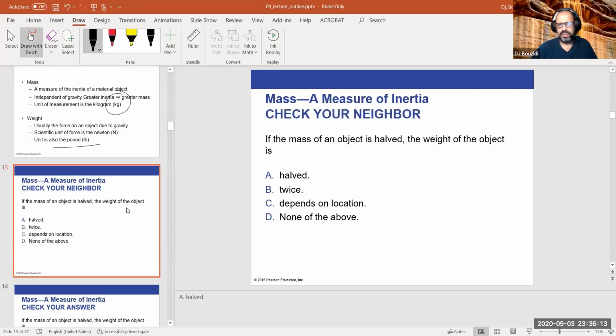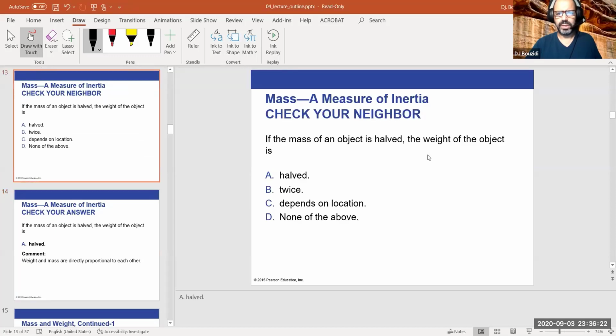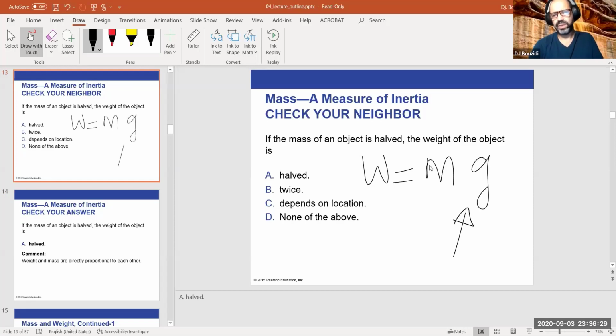So if the mass of an object is halved, its weight is halved. So there is a one-to-one correspondence. The expression to go by in here is W equals mg. This g is the same for the entire planet, more or less.